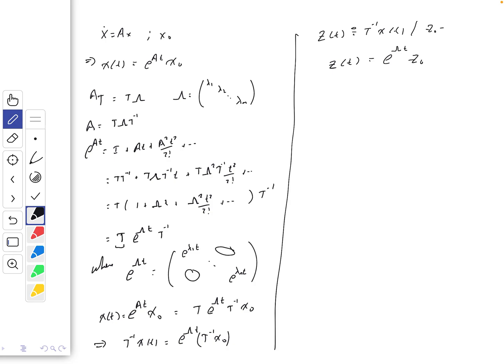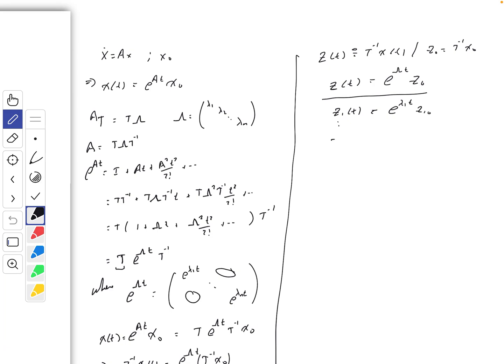Similarly, we could say z naught is equal to T inverse x naught. Okay, now look at this equation. This says that, in scalar form, z1 of t is equal to e to the lambda 1 t z1 naught, down to zn of t equal to e to the lambda n t zn naught.